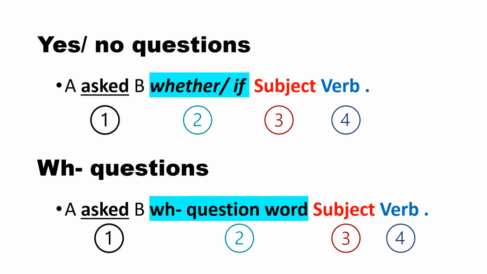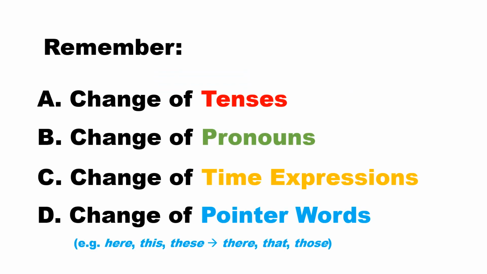And number 4, verb. Don't forget to use a full stop for your reported question. And of course, like reporting statements, when you're reporting questions, don't forget to change the tenses, the pronouns, the time expressions, and the pointer words. For example, you need to change here to there, this to that, these to those.